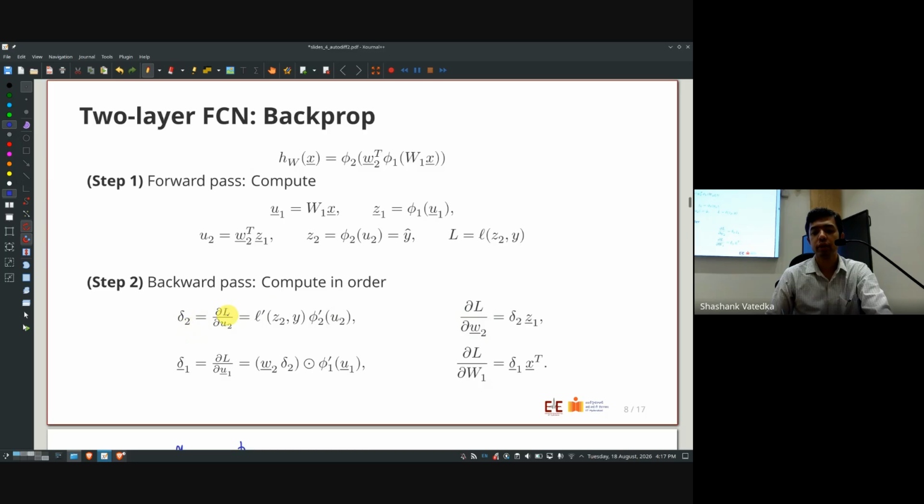So the partial derivative of L with respect to every element in W2 depends on what we've just evaluated, the partial derivative of L with respect to U2. So this is equal to the partial derivative of L with respect to U2 times the partial derivative of U2 with respect to W2.